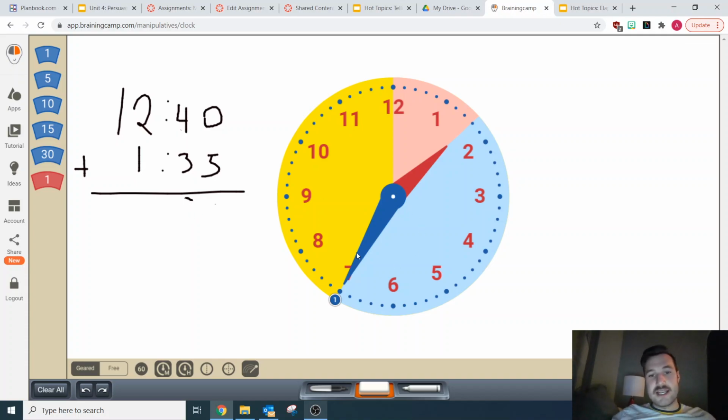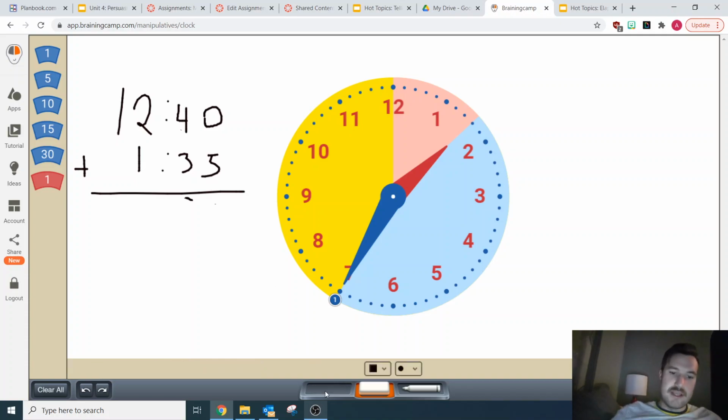We can only have 60 because there's only 60 minutes in 1 hour. So when I'm adding here, 0 plus 5 is still 5, but 40 plus 30 is 70, but we can't have a 7 here because that's more than the number of minutes we can have in an hour.